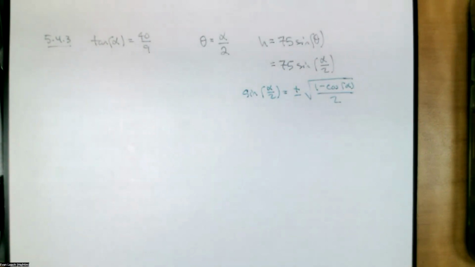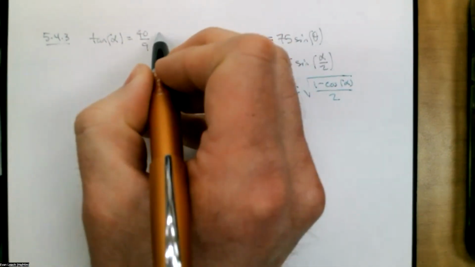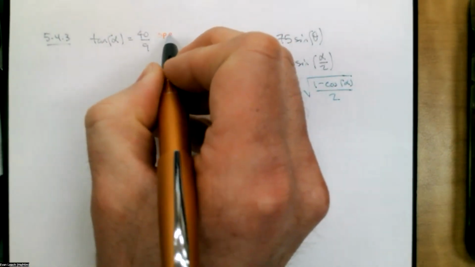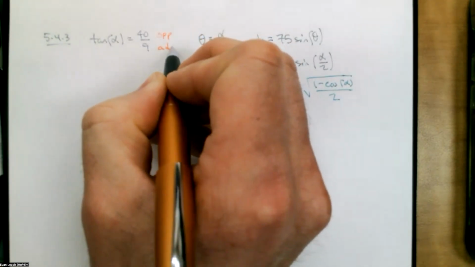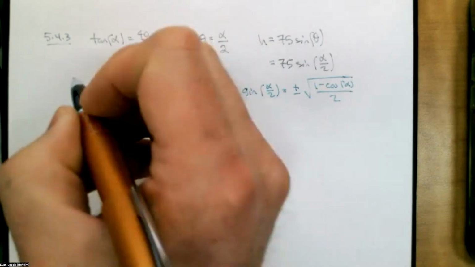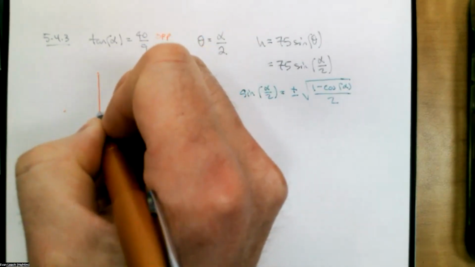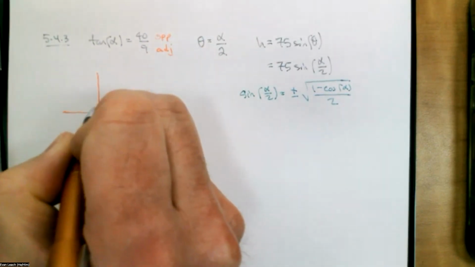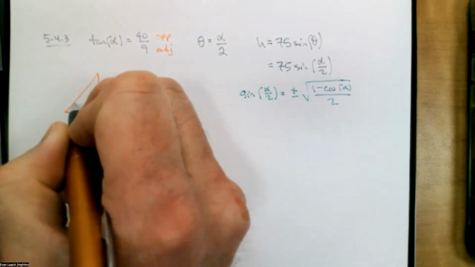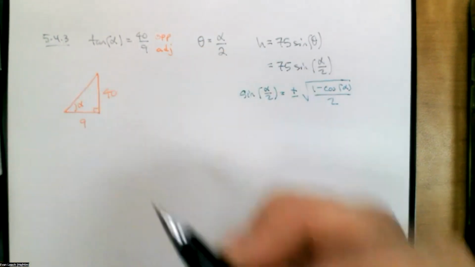All right, so tangent of alpha is 40/9, so this is opposite over adjacent. Oh, and all these angles are going to be positive, so I'm just going to draw it like I normally do and not get tripped up by weird quadrant things that I'll forget about. So here's our alpha. Opposite is 40, adjacent is 9.